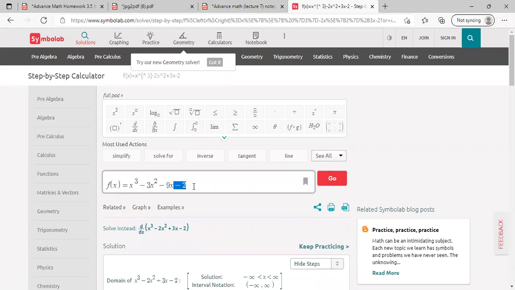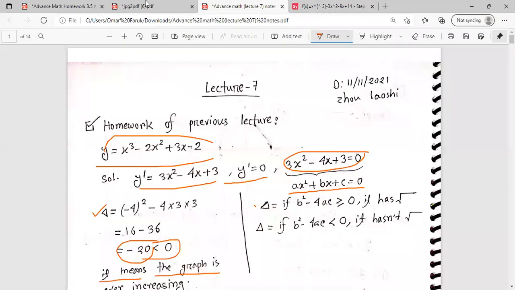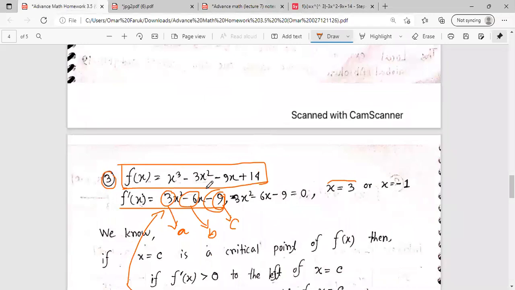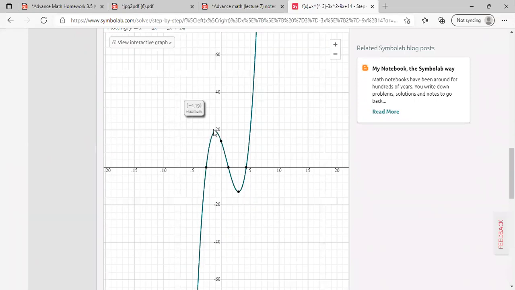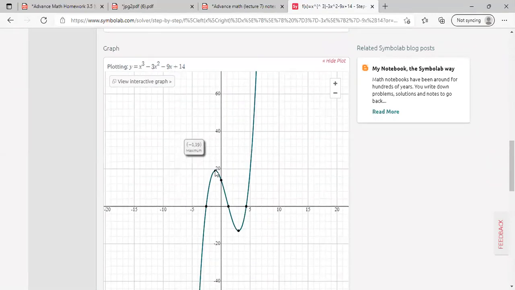You can see it shows a maximum at minus 1, 19 and a minimum at 3, minus 13. Can you see? Here, look at my mouse. Minimum and maximum. So that means this function has an extreme value.